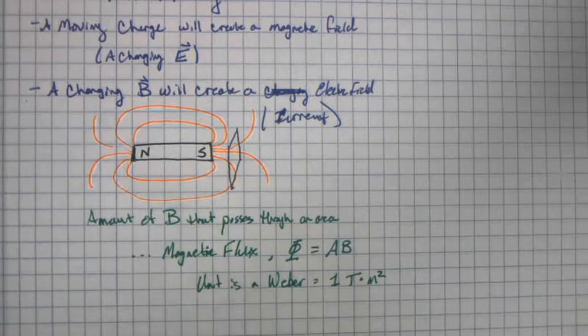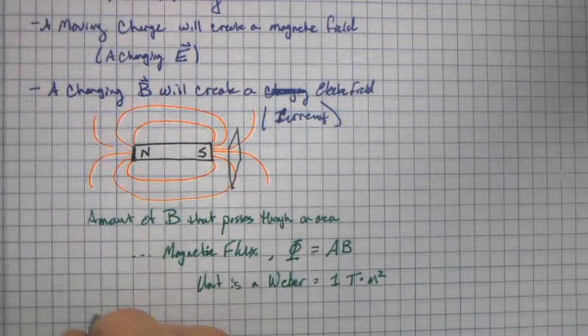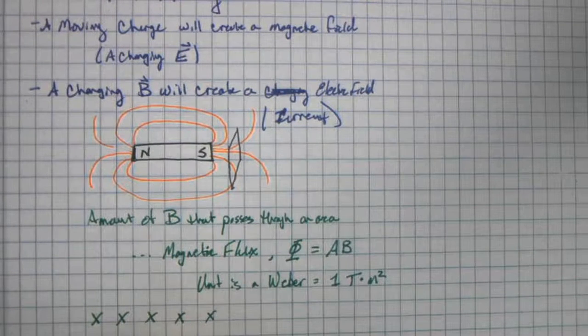Okay. So, remember how we established a magnetic field and we talked about vectors going into the page and out of the page? So here's what we're going to do. We're going to create a magnetic field that in this particular case is going which direction?